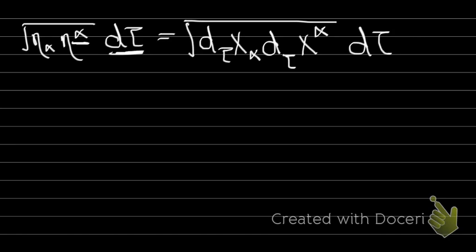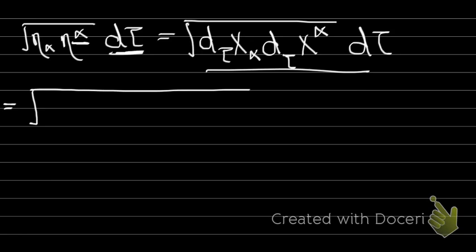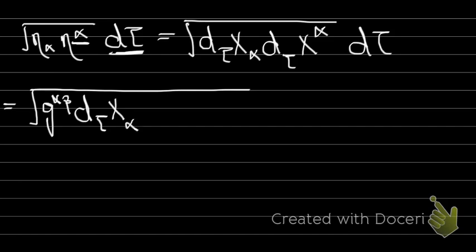The next step is pretty obvious: let's bring down the indices. How do we do that? We use the metric tensor, and so this whole thing can be written as g alpha beta times the proper time derivative of x alpha and the proper time derivative of x beta. Now it's in the subscript.